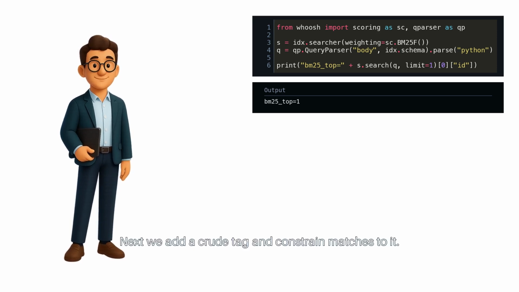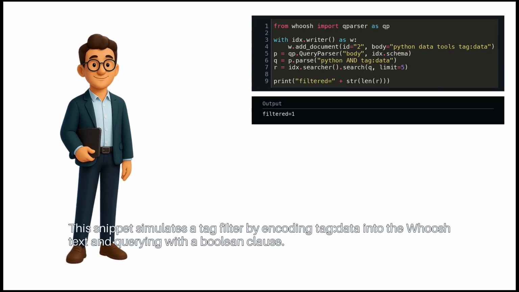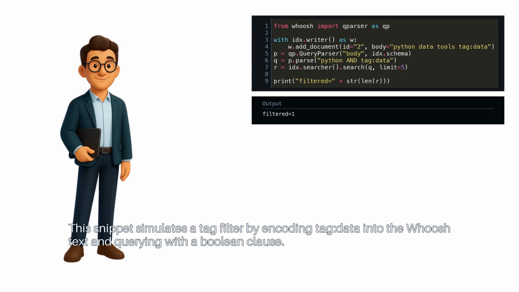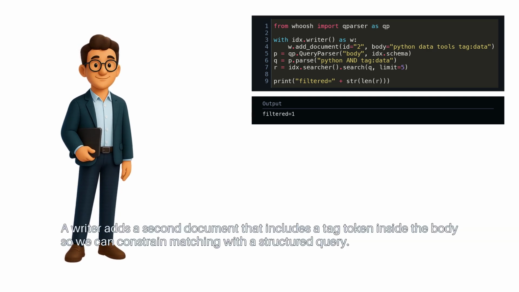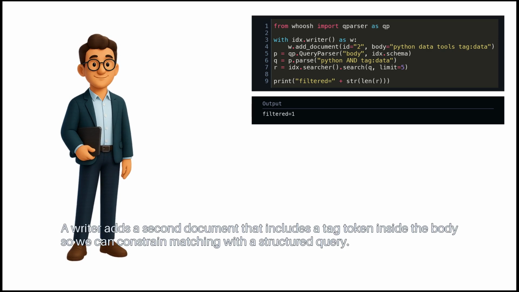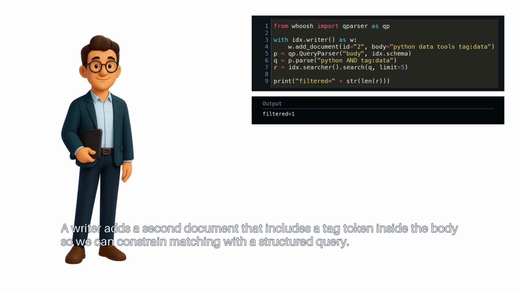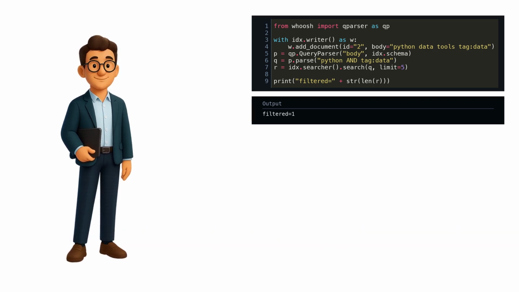Next, we add a crude tag and constrain matches to it. This snippet simulates a tag filter by encoding tag data into the Whoosh text and querying with a Boolean clause. A writer adds a second document that includes a tag token inside the body, so we can constrain matching with a structured query.